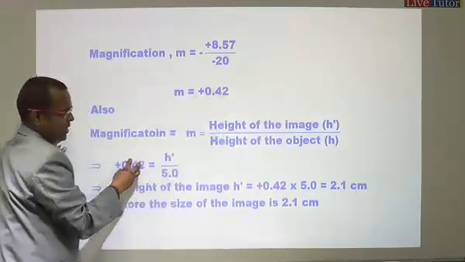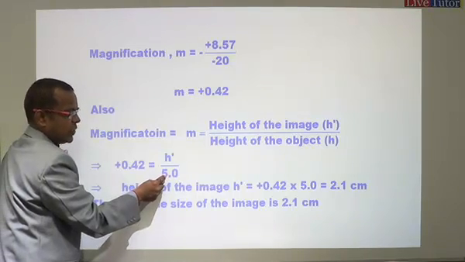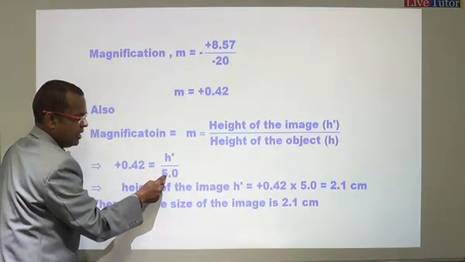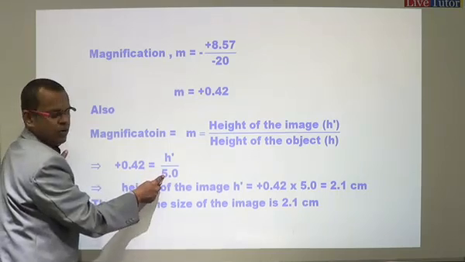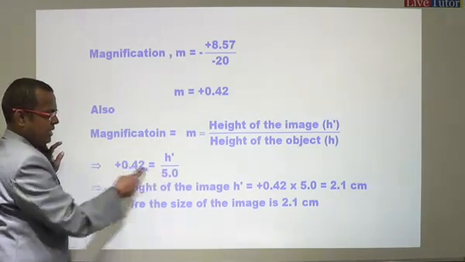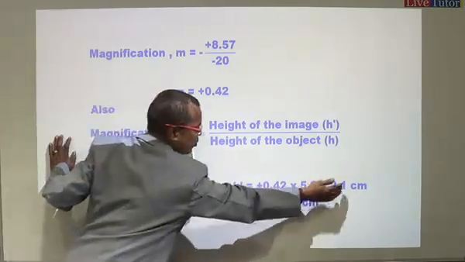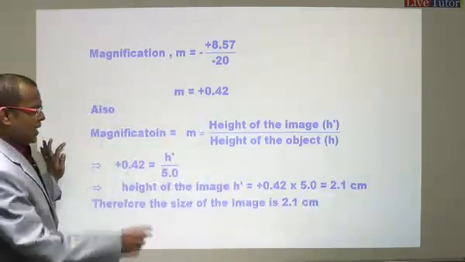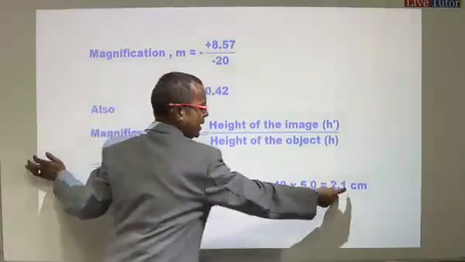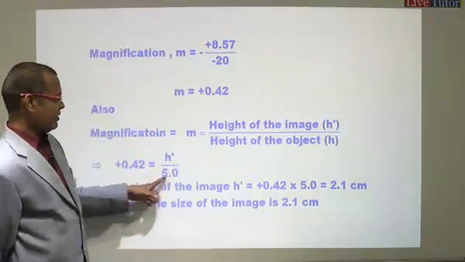Use the value here, h dash by h. H value is given in the first line of the question. Object length is 5 centimeter. So substitute that value and cross multiply. So 5 into 0.42, which is nothing but 2.1. So the height of the image is 2.1. Height of the object is 5.